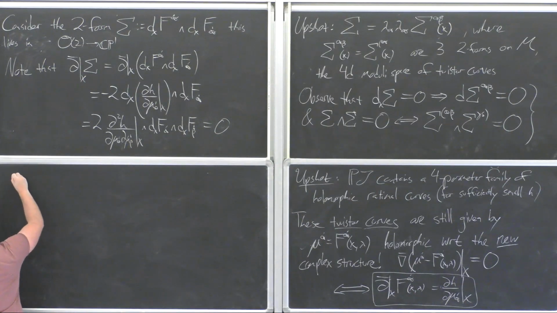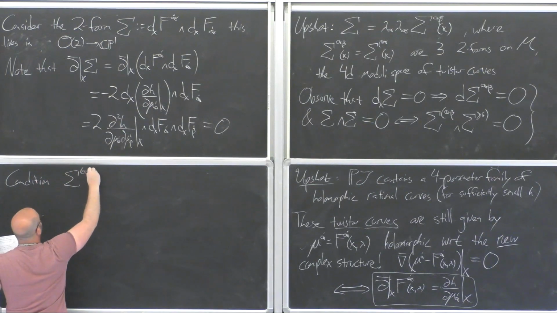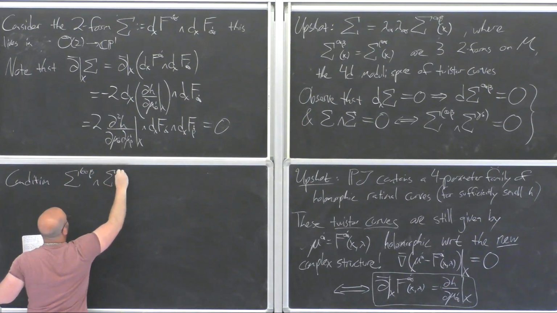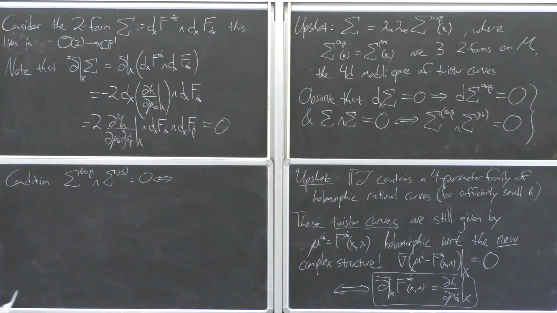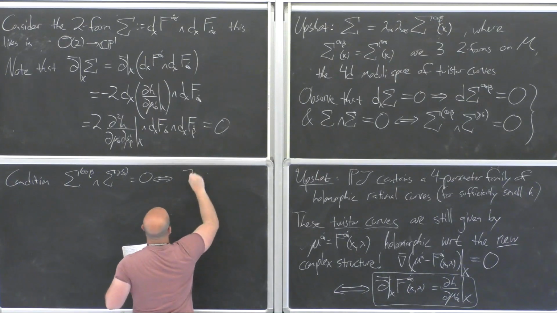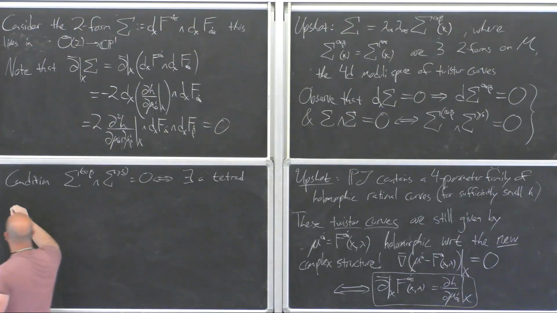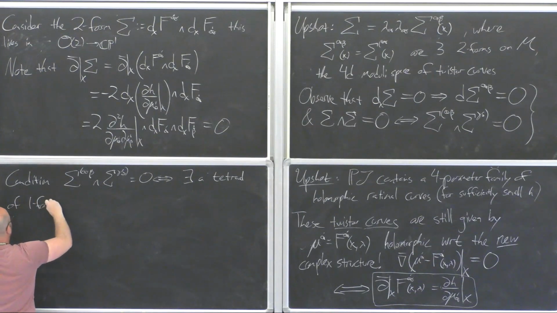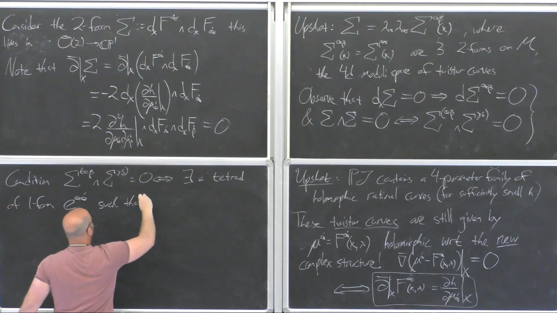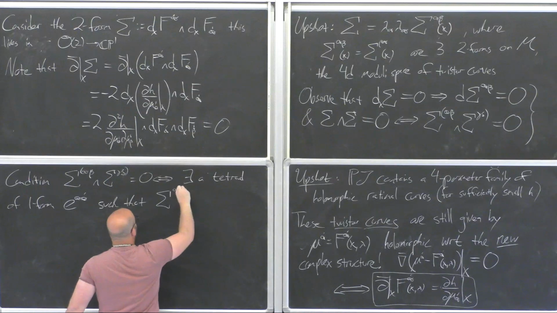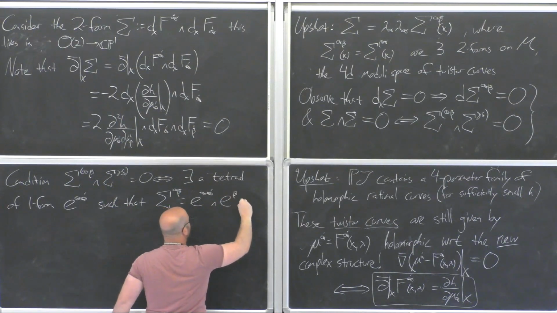Okay, so the condition that the totally symmetrized wedge product equals 0 is like a linear algebraic condition, and it implies that there exists a tetrad of one forms. Let's call it e alpha alpha dot, such that sigma alpha beta is equal to e alpha alpha dot wedge e beta alpha dot.